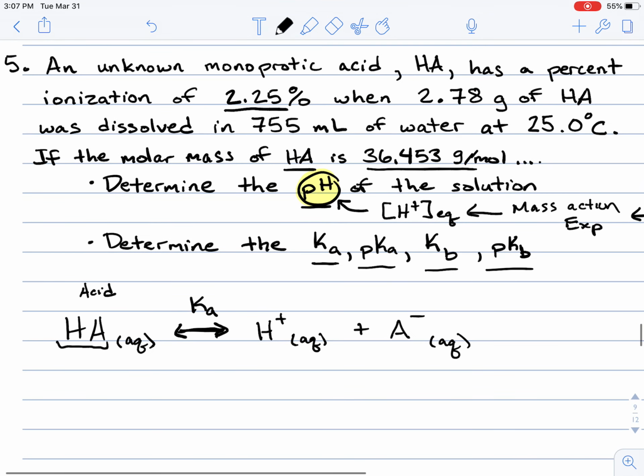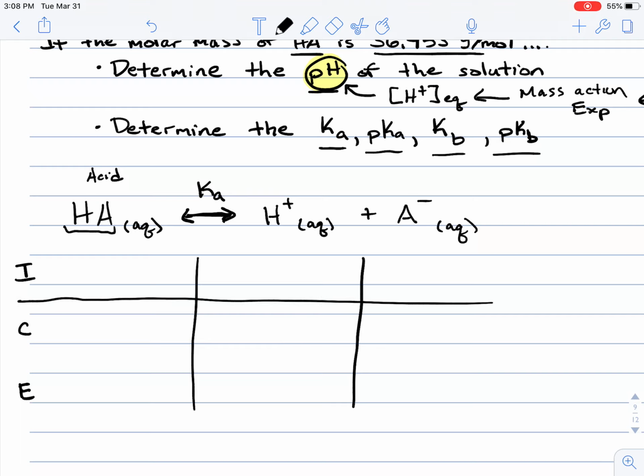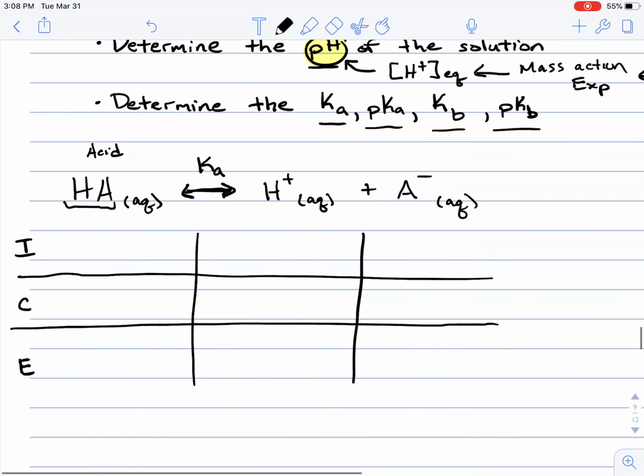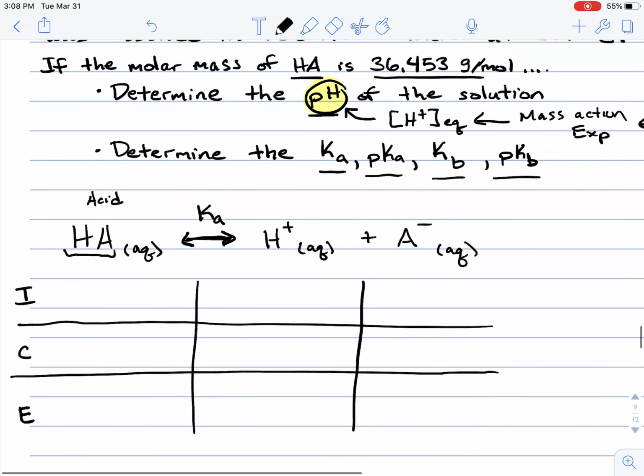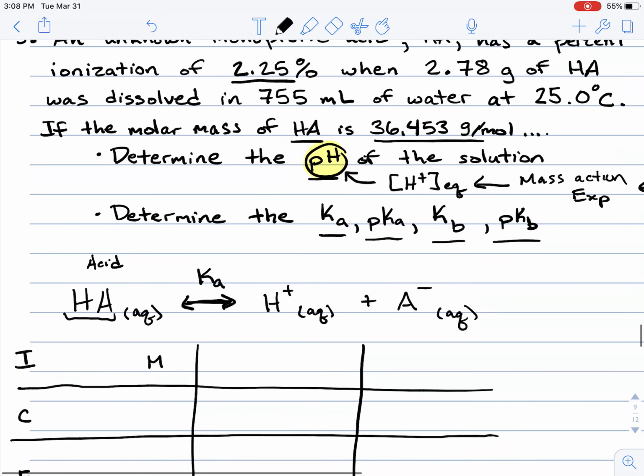All right. And so let's go ahead and build our ice table. So we have I, C, and E. Since everything is aqueous, we're going to consider all reactant and product species in our mass action expression. And so the initial concentration has to be in molarity.